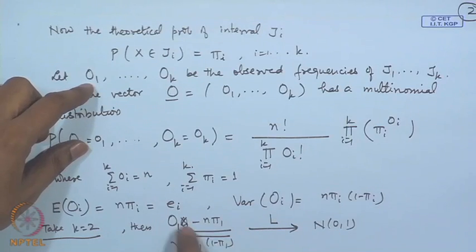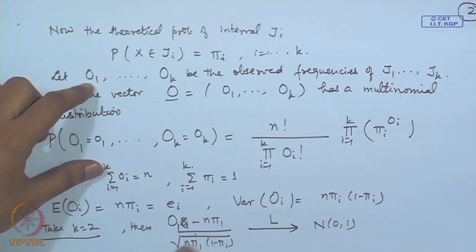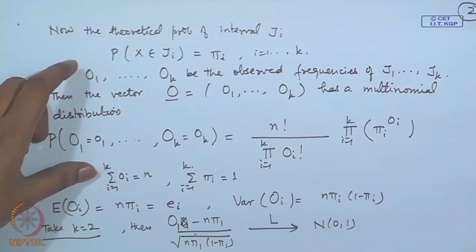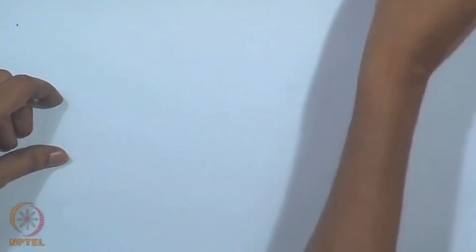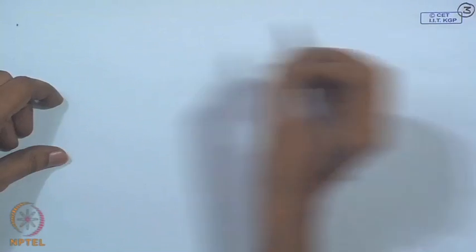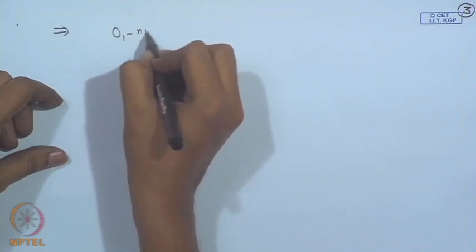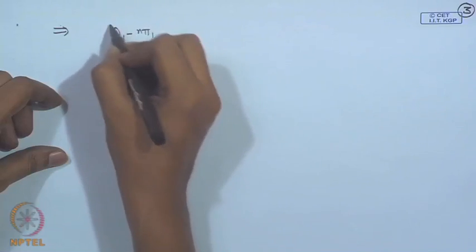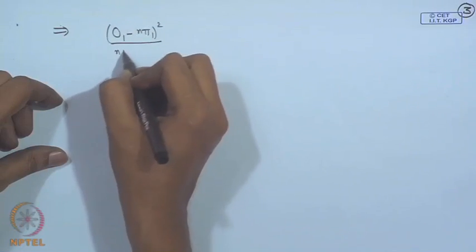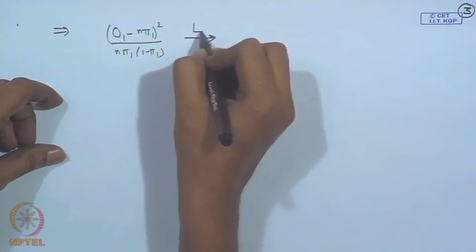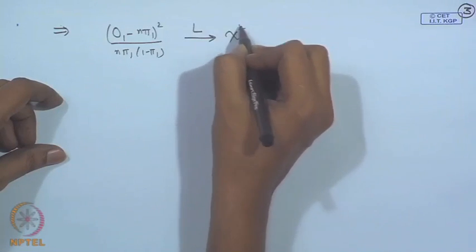The asymptotic distribution of O1 minus n pi1 divided by square root of n pi1 into 1 minus pi1 is standard normal. This is by the binomial approximation to the normal distribution. Now, this implies that if I consider (O1 minus n pi1) square divided by n pi1 into 1 minus pi1, then the asymptotic distribution of that will be chi square on 1 degree of freedom.